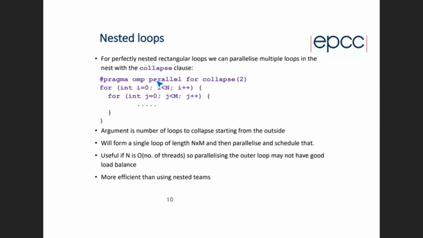We can have a single parallel for directive before the outermost loop, and then have a collapse clause on that. Okay, so what does that do?